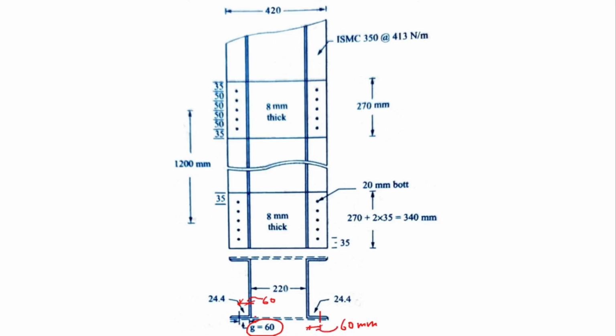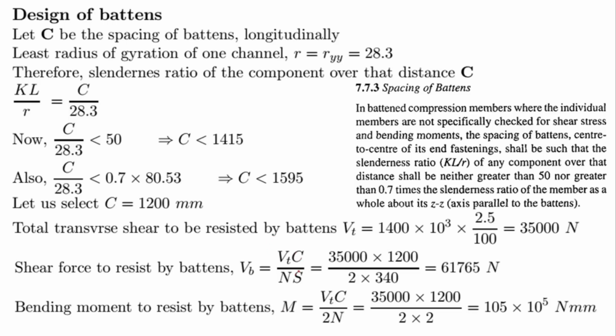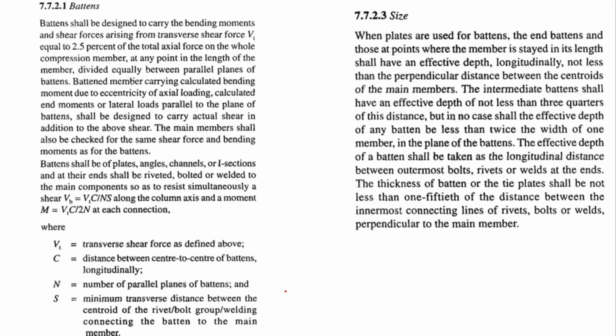So center to center distance between the two bolt rows will be 220 plus 60 plus 60. So it will be 340. That's why the value of S will be 340. And finally, the Vb, which is the shear force to resist by battens, is calculated as 61,765 Newton.